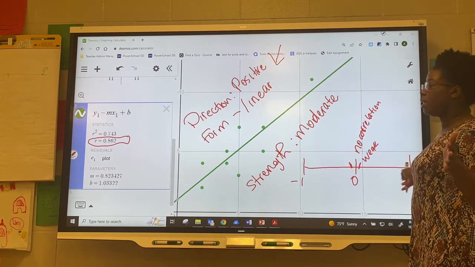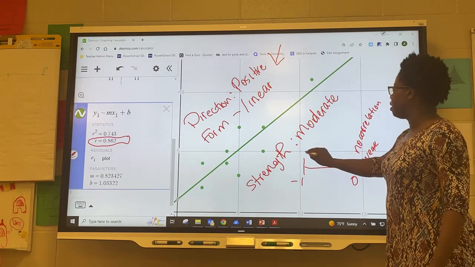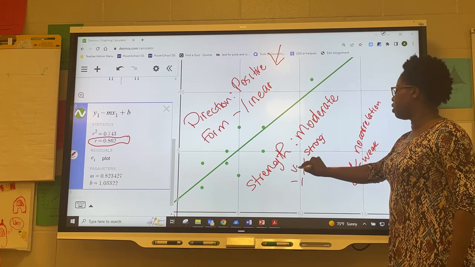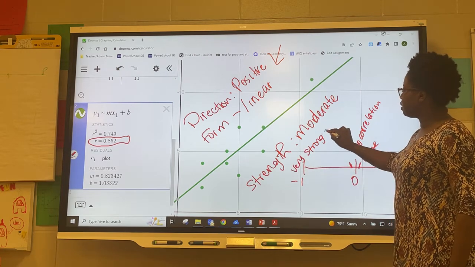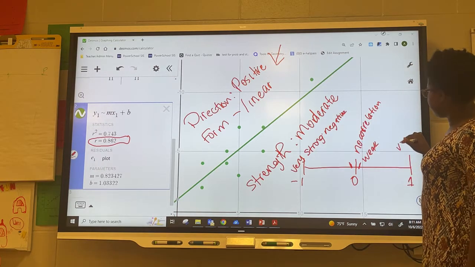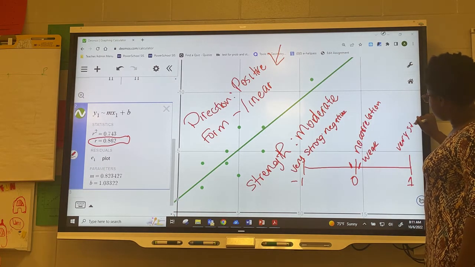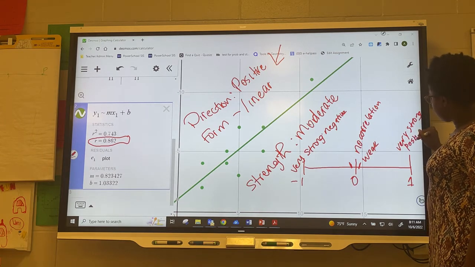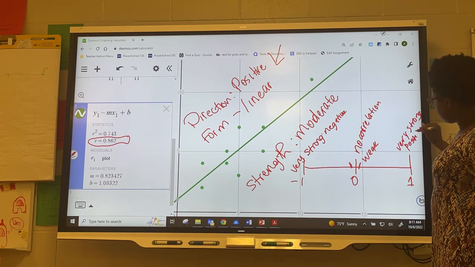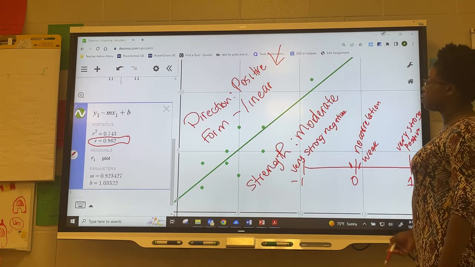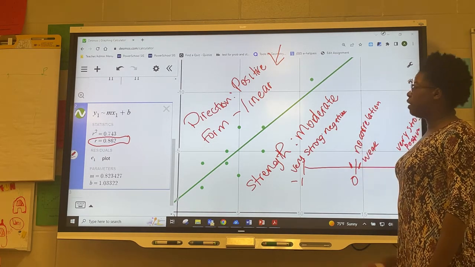But the closer you get to -1 and +1, the stronger it is, or some would say very strong negative, or we can say very strong positive. So definitely we can use our R value to determine the strength of the variables.